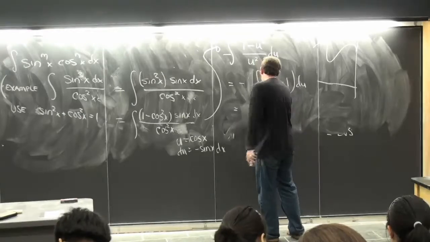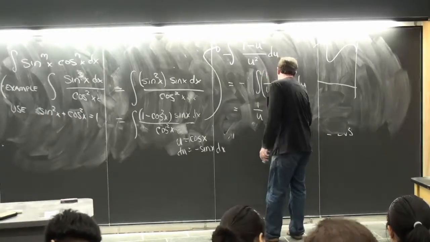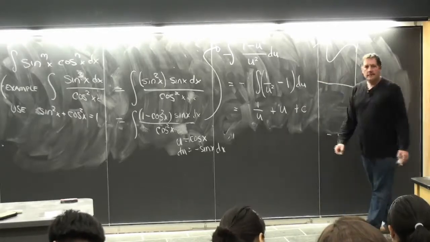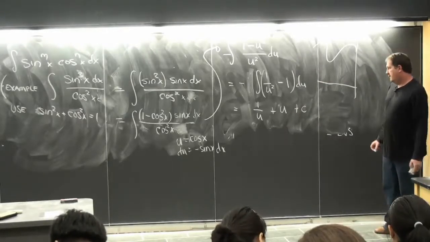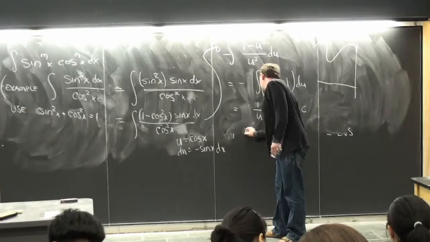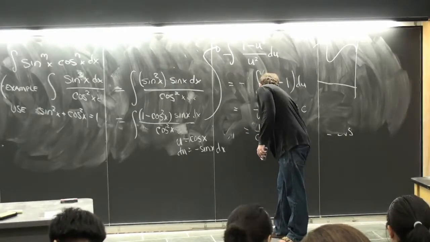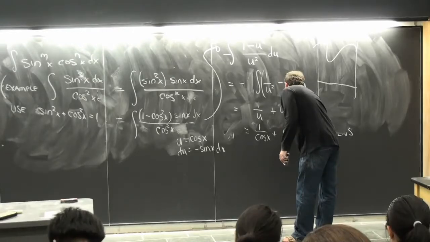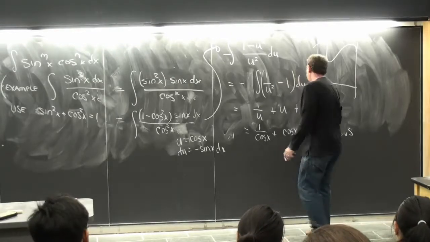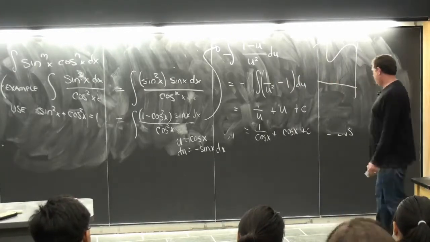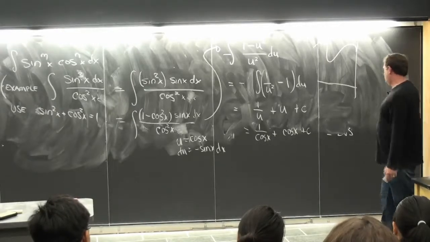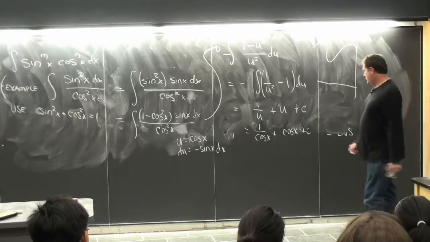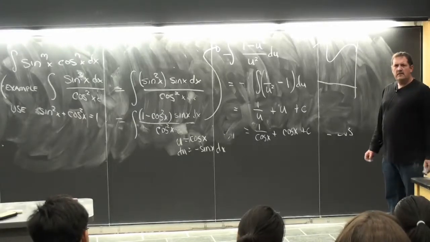So and u is the cosine. Did I make a mistake? Seems too easy. One of these is minus, right? Plus, minus 1 is good. So I think that's right.